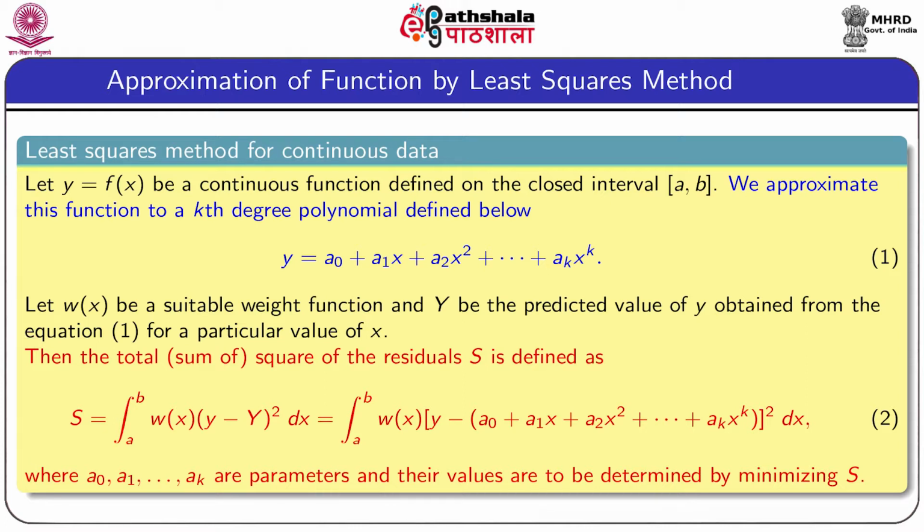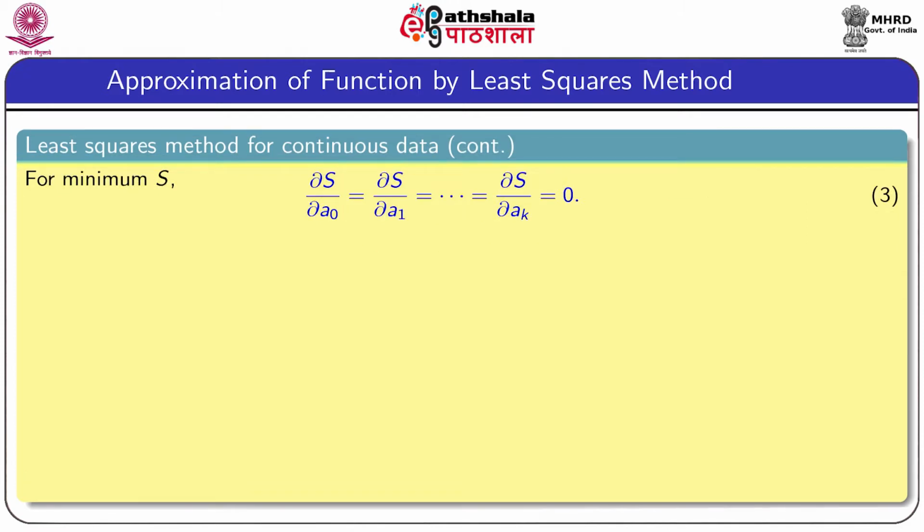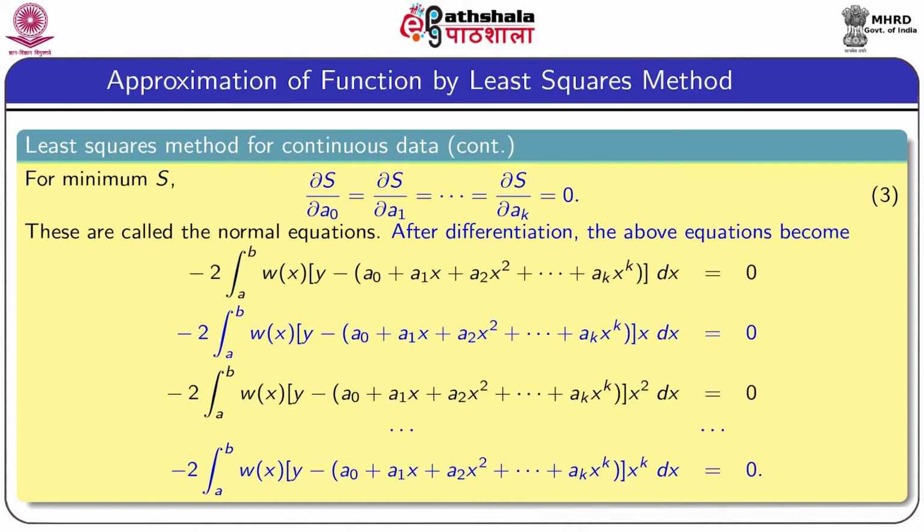Here a0, a1 up to ak are the parameters and their values are to be determined by minimizing the total error S. For minimum S, the sufficient conditions are del S del a0 equal to del S del a1 equal to dot dot dot equal to del S del ak equal to 0. These are the normal equations.